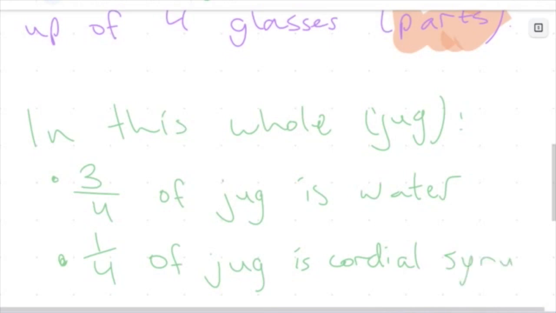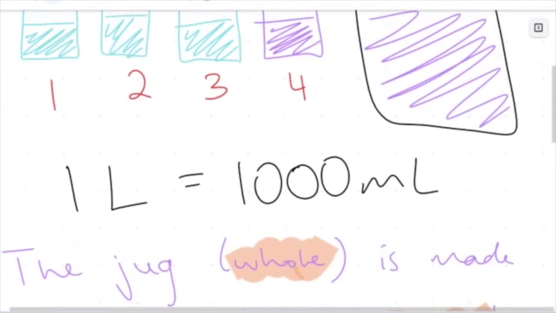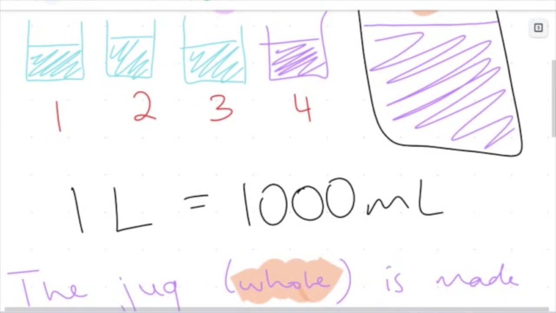I'm just going to call it syrup. I don't know the full name for it. But now we can look at these fractions and determine, well, how much was in each of these? For example, how many milliliters of water went into making this? How many milliliters of cordial syrup went into making this jug?